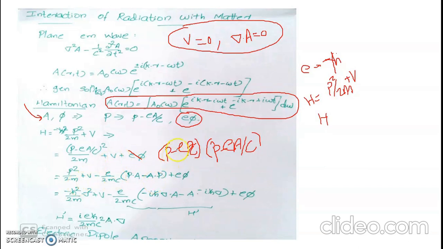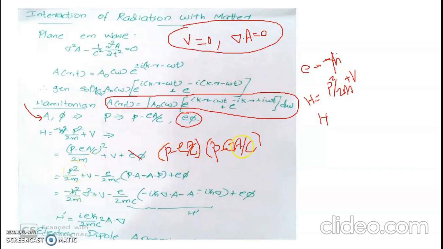I will be writing the remaining terms together. The term involving the product of P and EA by C will be repeated corresponding to these two terms and these two terms. We will have minus common, so minus E by C whole divided by 2m is taken out, minus E by 2mc into, the first term will be P dot A. P square, or P operating over P, has the meaning of P dot P, and P dot P is being written as P square as usual.